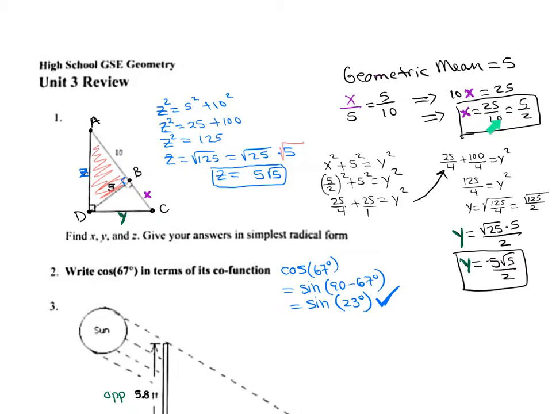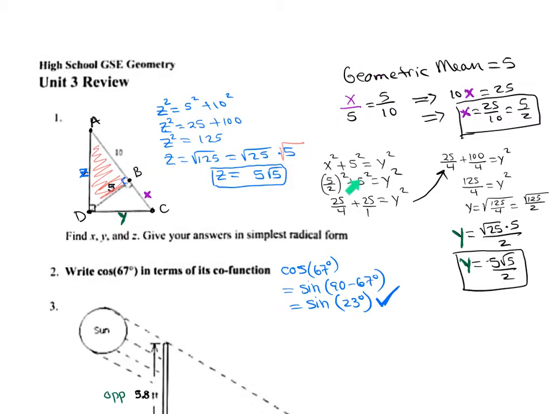So that's x. Then to get y, we look at this small right triangle. We know x now, that's 5 over 2. This side is 5, and y is the hypotenuse. So we can use the Pythagorean Theorem, which says x squared plus 5 squared equals y squared. Plug in the 5 over 2 for x. 5 over 2 squared is 25 over 4.